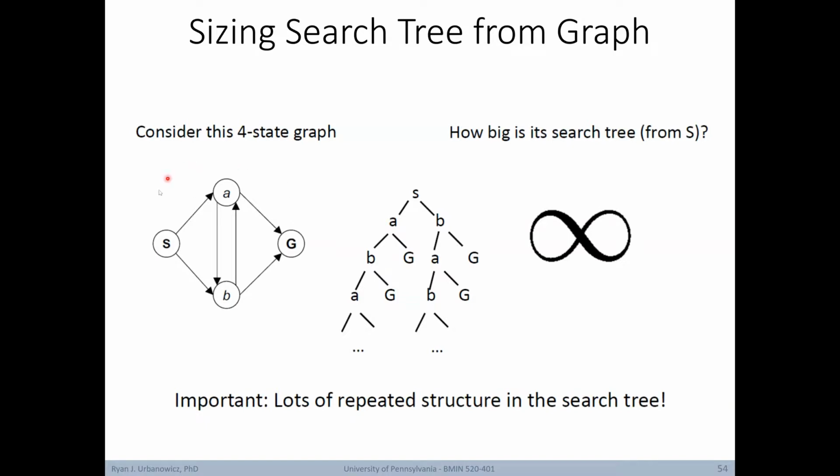Therefore, there are infinite possibilities to explore in this search graph, where some of these paths get you to the goal quite quickly, but other paths take you down an infinite rabbit hole where you'd never actually find the goal, depending on the search algorithm you use to search this tree. This is an important consideration in thinking about what search algorithms we might pick to try and solve different problems.